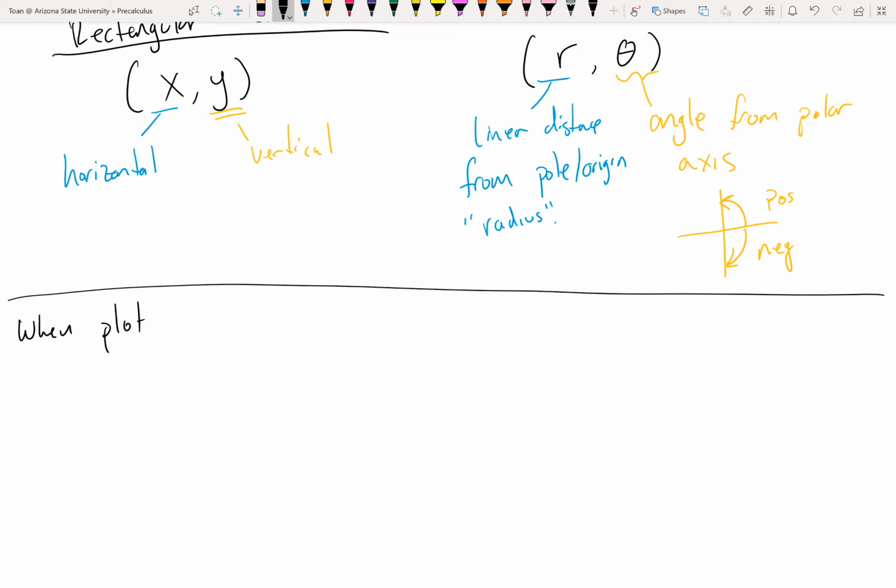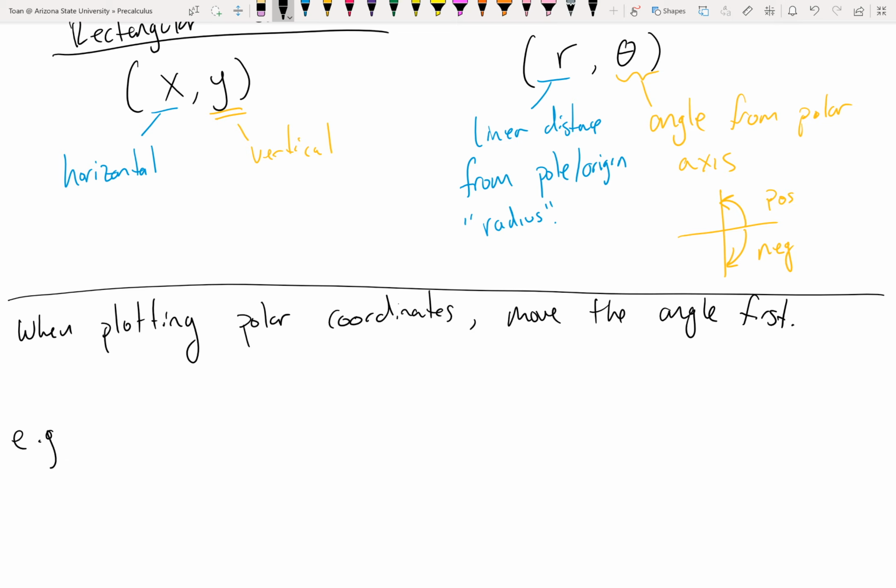When plotting polar coordinates, mark or move the angle first. For example, if I asked you to plot (1, 3π/4).